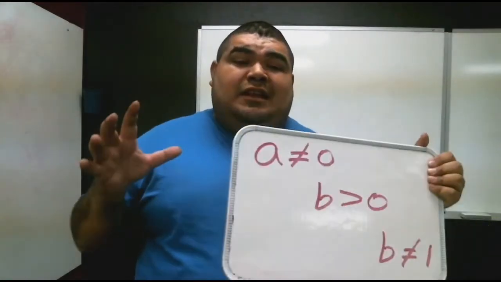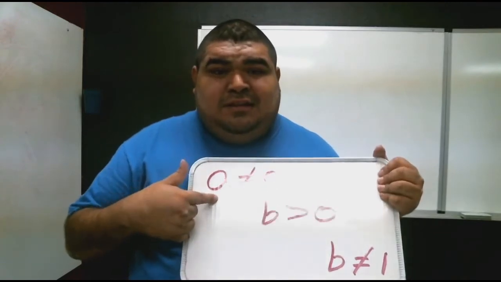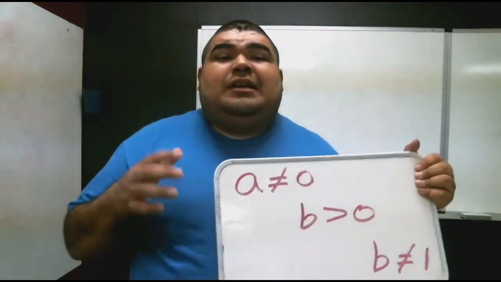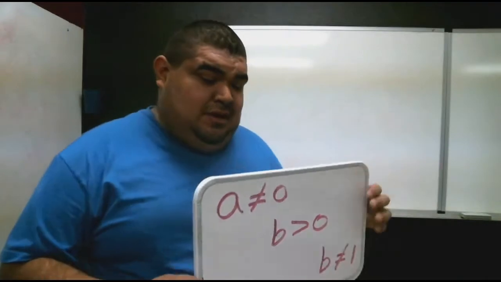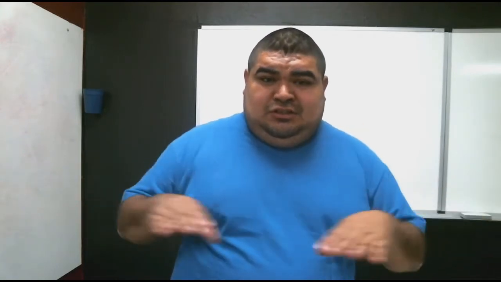Anything that is bigger than 1 and a positive number is a function. If a is below 0, it's just a horizontal line. If a is -1 or -5, there's no function because it's just a straight line.